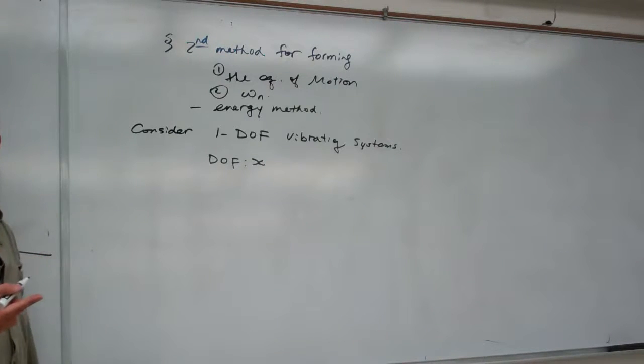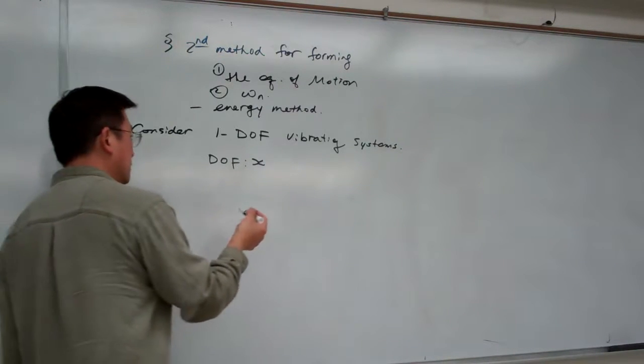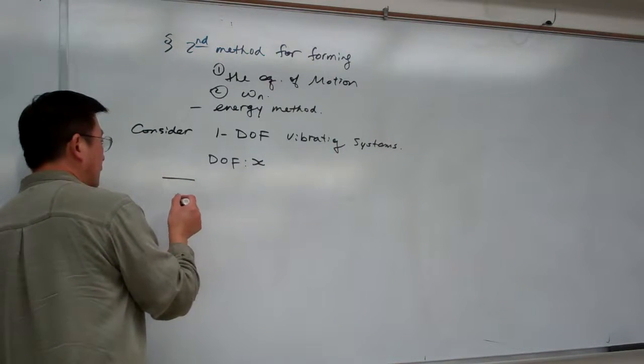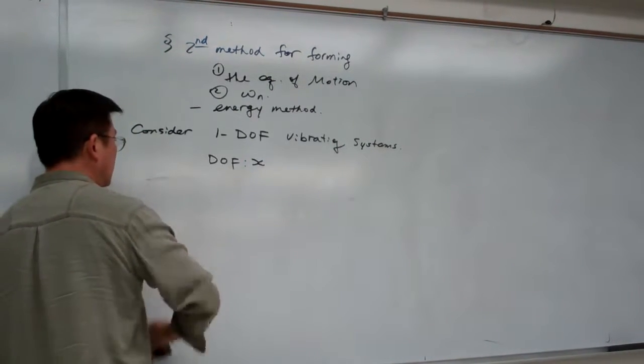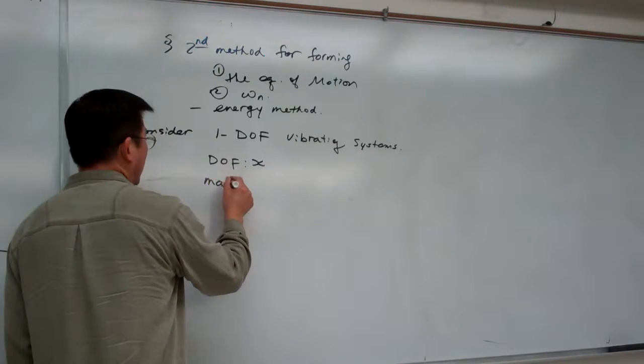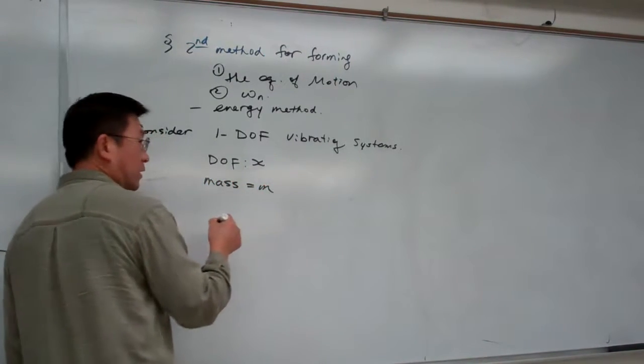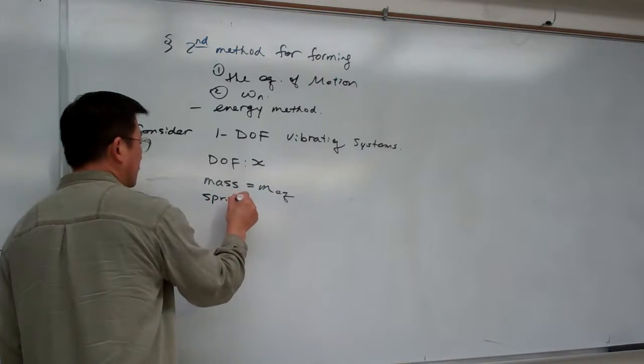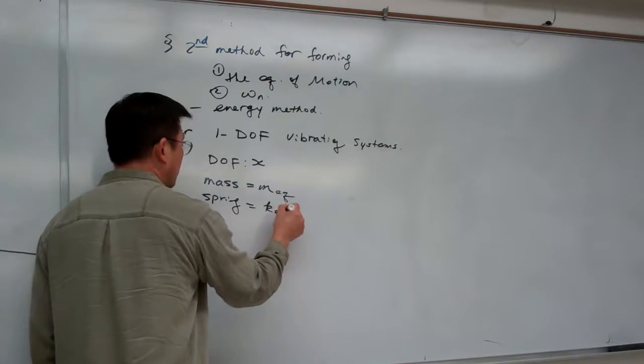And with that in mind, we consider the system has a mass m, the mass of the system equal to M_EQ, and the spring constant for the system, say K_EQ.